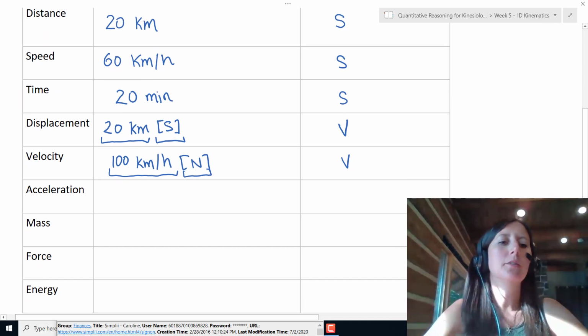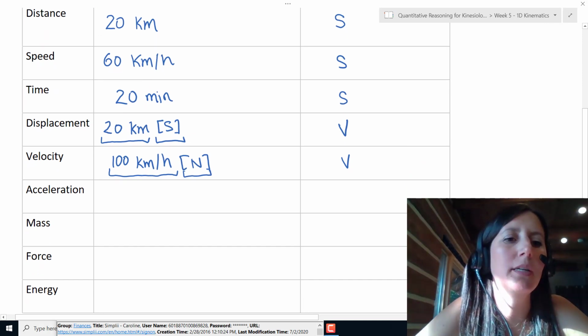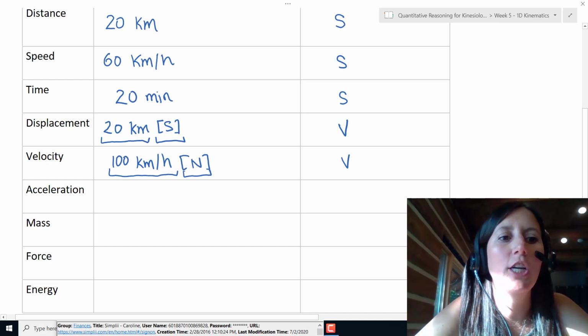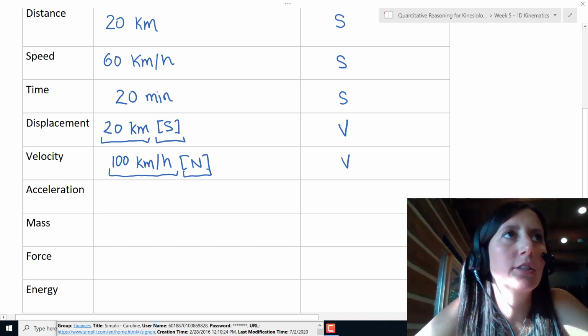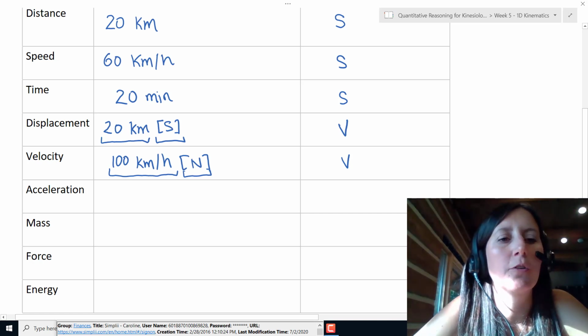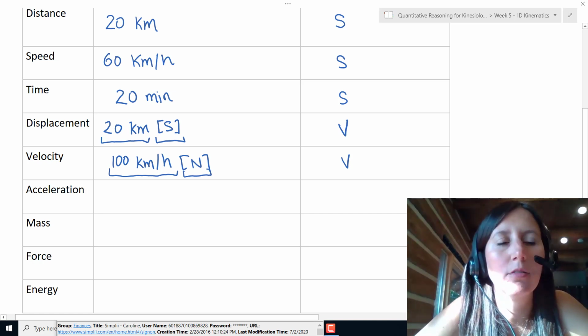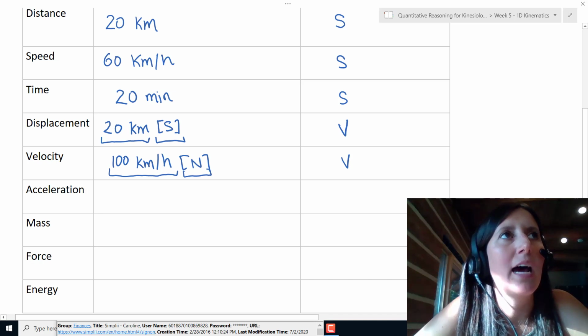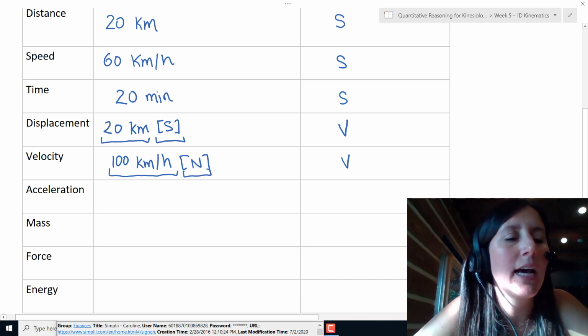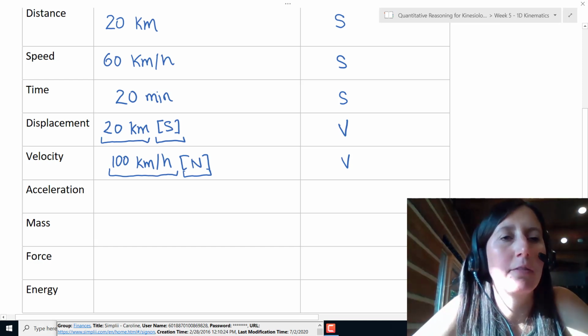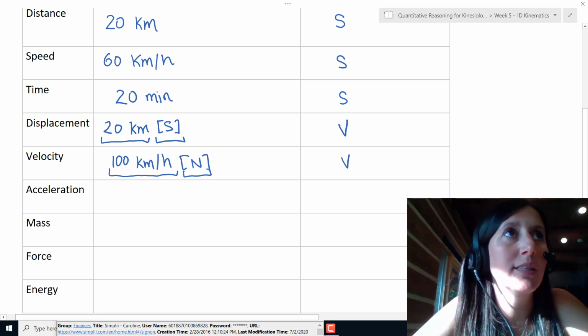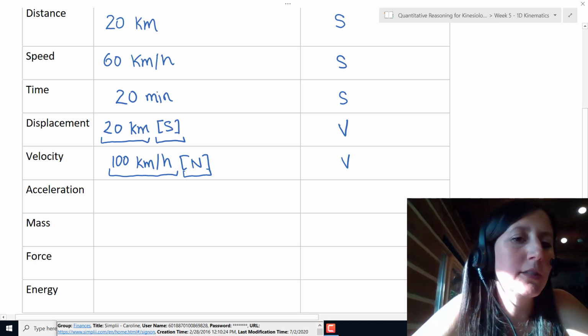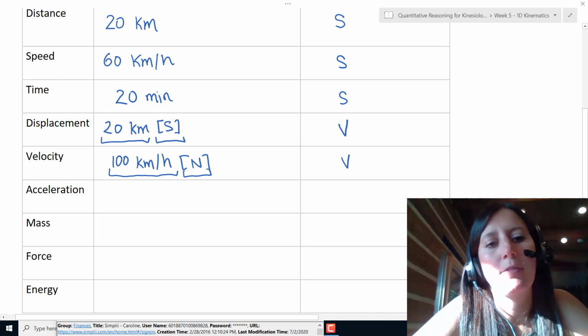Acceleration. Acceleration is how fast your speed or your velocity is changing over time. Let's say you are parked in your car, so your velocity at that moment is 0 kilometers per hour, but then after 1 second, you've accelerated and you're now traveling 5 kilometers per hour. So in 1 second, your car sped from 0 to 5 kilometers per hour.